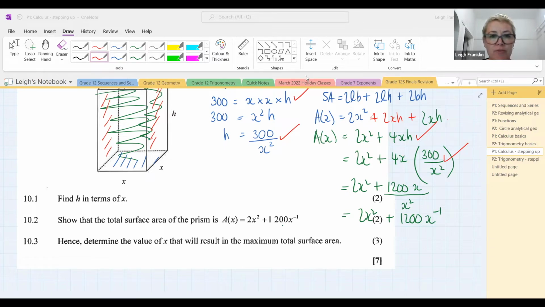Once we've got our derivative, what are we going to do with it? How would we maximize? Can anybody tell me?